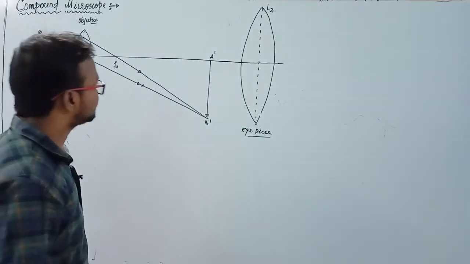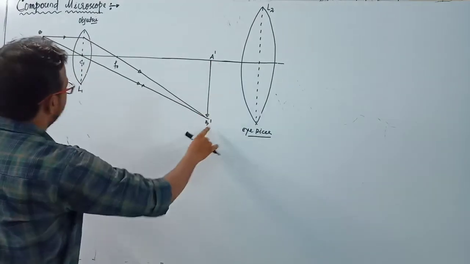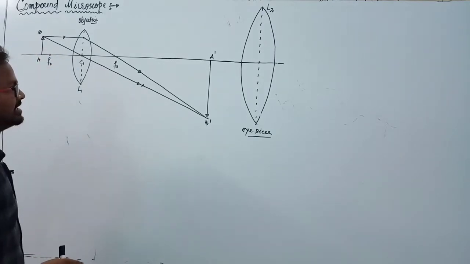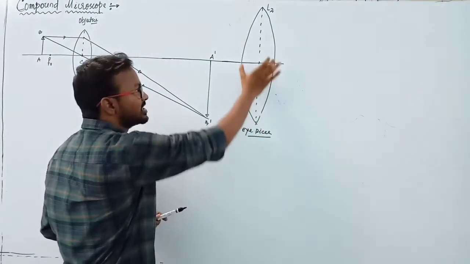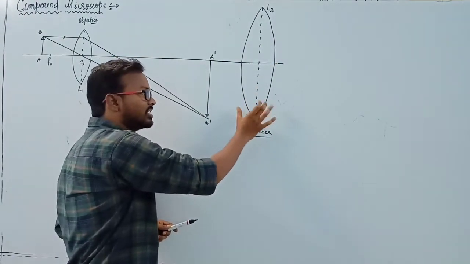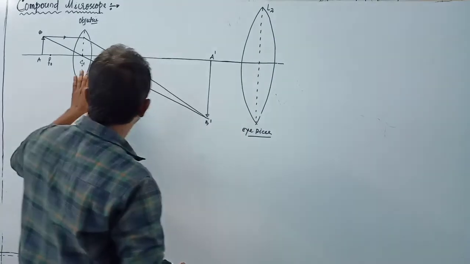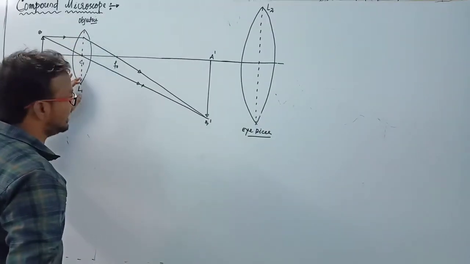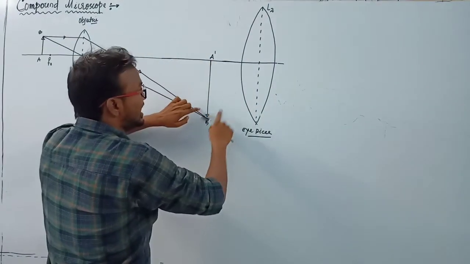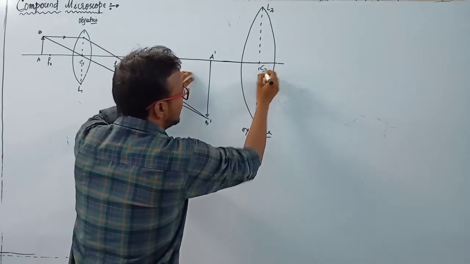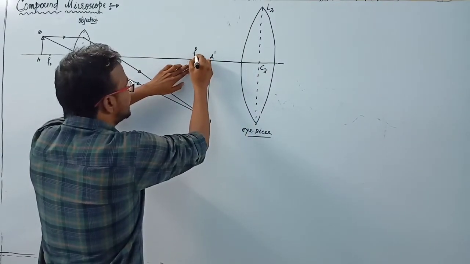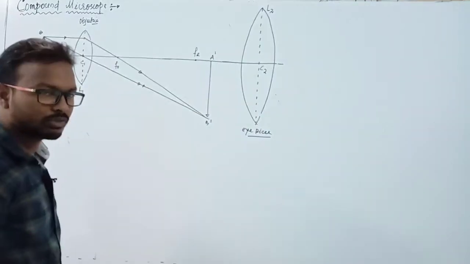Now this is the image A dash B dash of the first lens and the object AB, which is situated on the principal axis. Now we have to adjust the second lens, the eyepiece, in such a way that the image formed by the objective lens, A dash B dash, lies between its optical center, suppose C2, and the focus point FE. What does it mean?